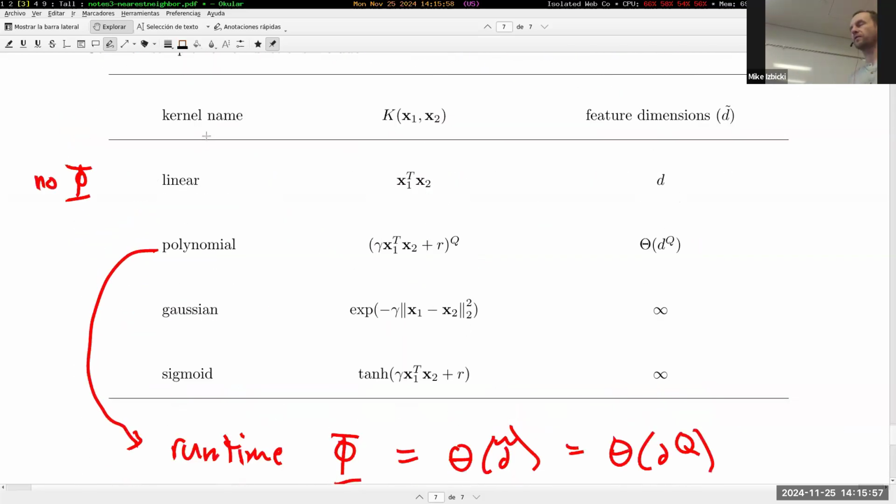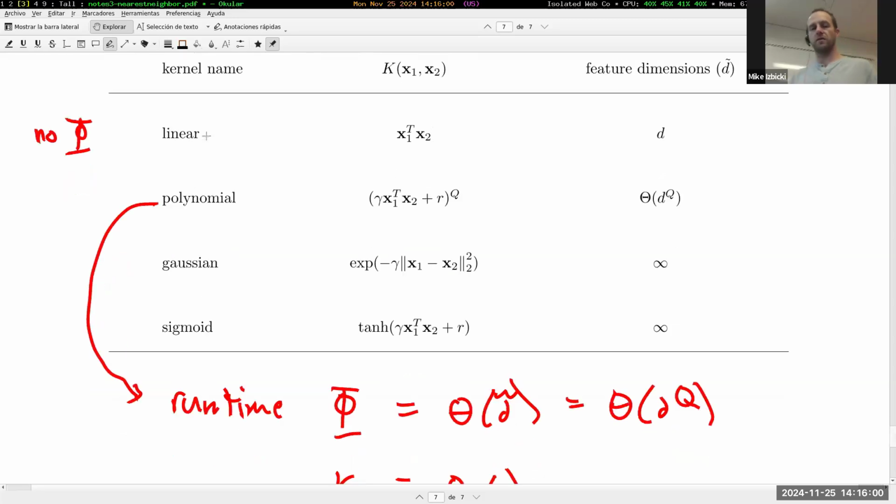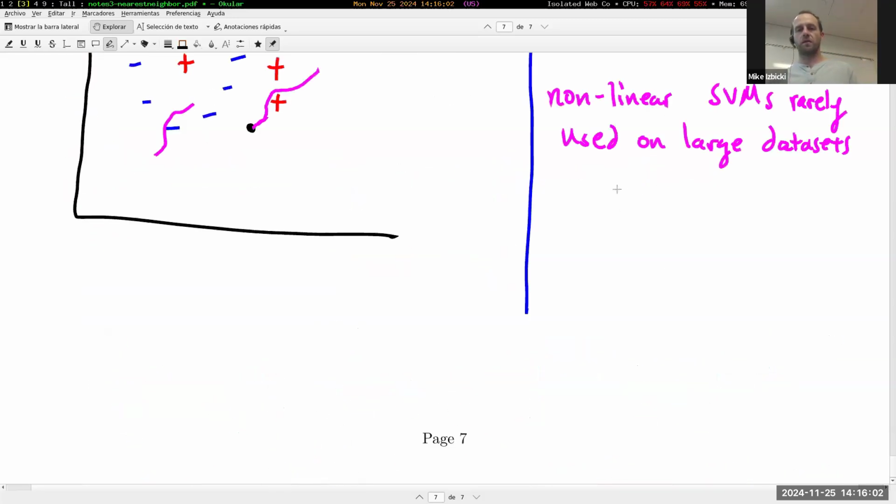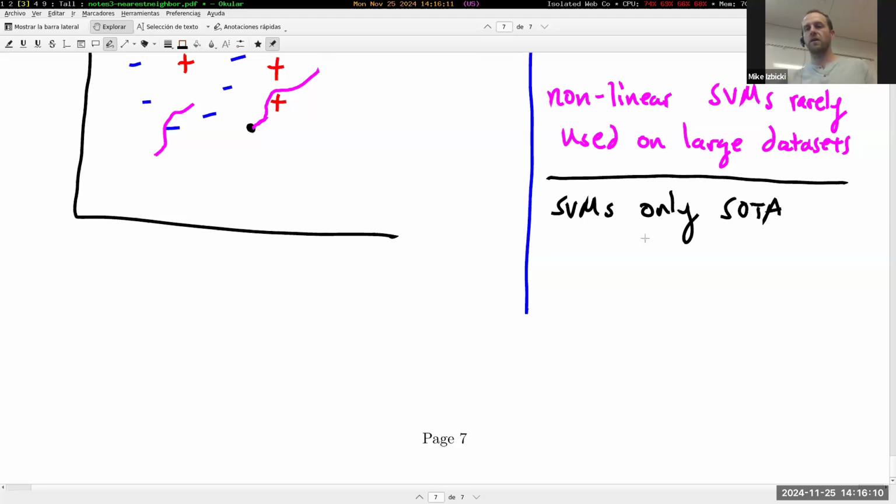The place where SVMs remain state-of-the-art. Currently, SVMs are only state-of-the-art, SOTA, when the X data points are not easily represented as a vector.